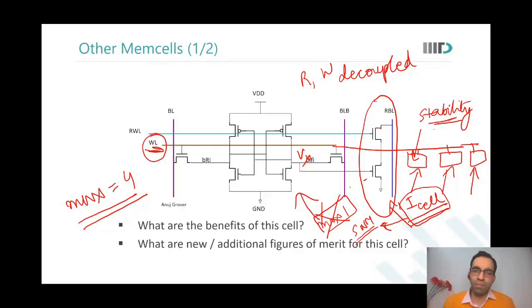Sir, for example, in this cell, since my reading and writing are decoupled, to improve my write, I can now increase the pass gate size. But as we just said, if mux is greater than 1, then you can't do it because of the stability constraints. You will still need to maintain the beta ratio for the other 3 unselected columns.